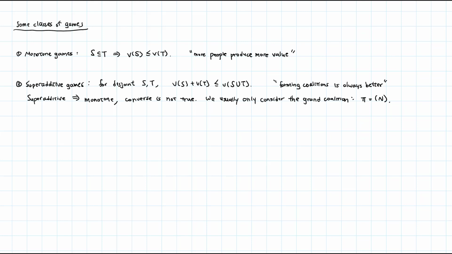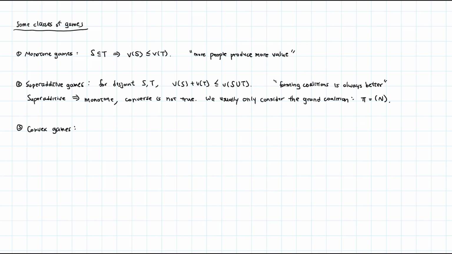Note that all three of our examples of cooperative games are superadditive. Our last class of games is the set of convex games. Now, the condition for superadditive games is defined on disjoint subsets of N. In convex games, we consider those subsets that are not necessarily disjoint.